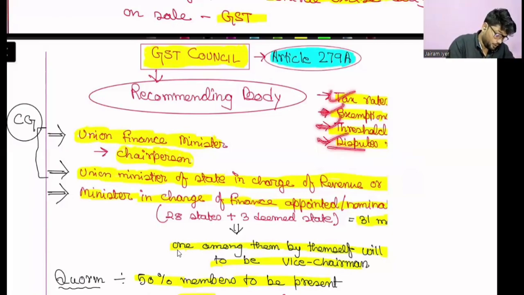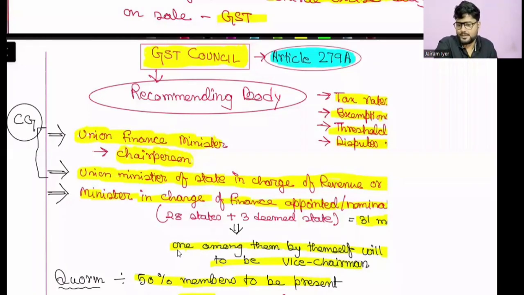Why disputes? Once we read about the formation of the GST Council, you will yourself come to know why the word dispute is here. If some outside dispute is there, they will solve that as well, but this dispute has a different meaning.